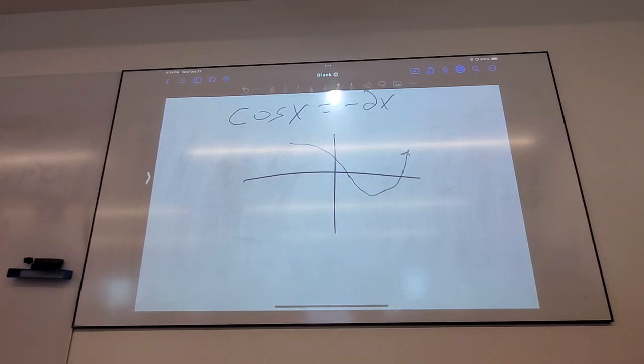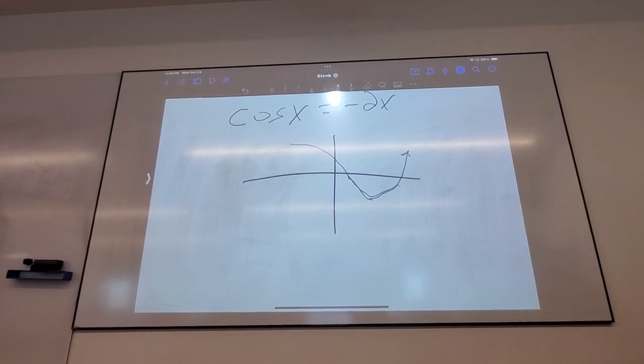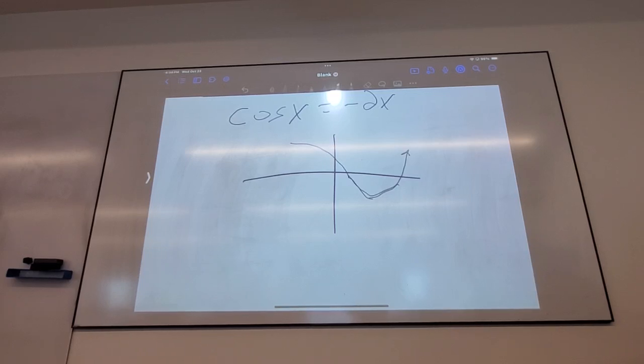If it goes through once, it can't turn back, which means the slope can't change. It can't become positive again or negative again, whatever it happens to be.